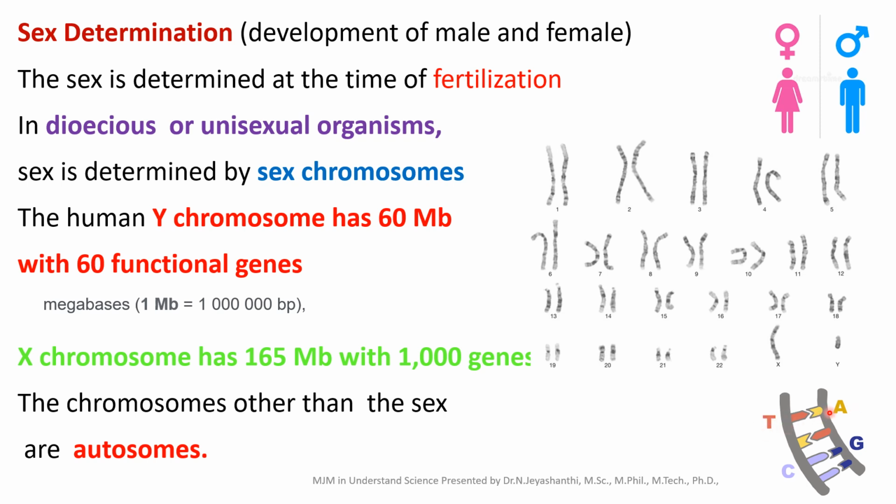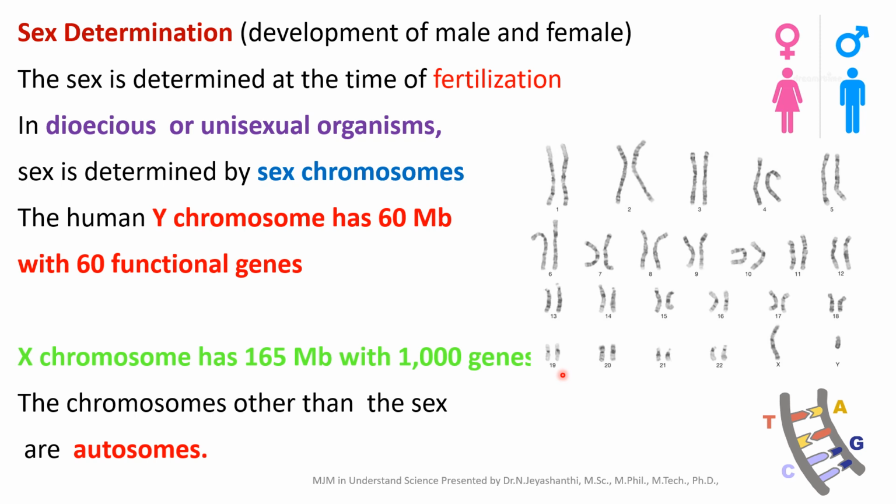Thymine is linked with adenine, and cytosine is paired with guanine. This is one base pair. Cytosine and guanine, this is one base pair. Like this, Y chromosome has 6 crores of base pairs. X chromosome has 165 megabases with 1000 genes.